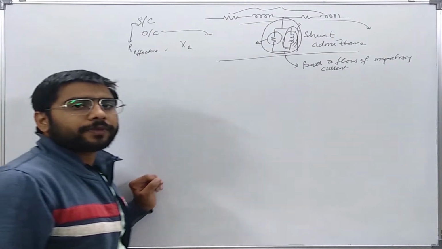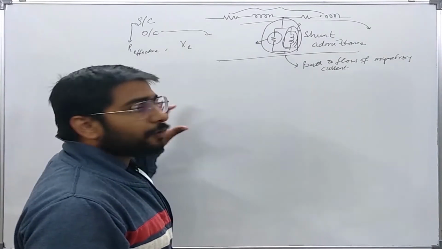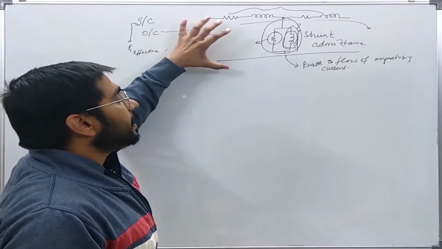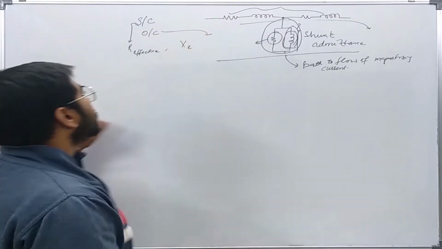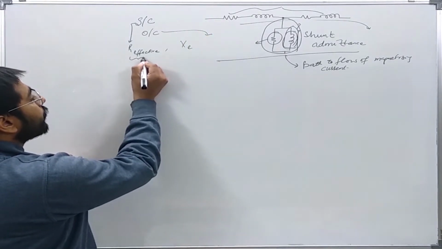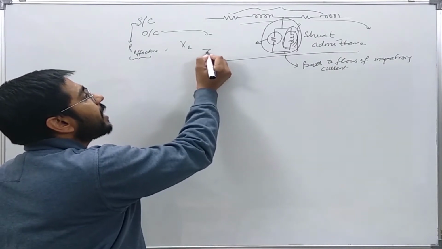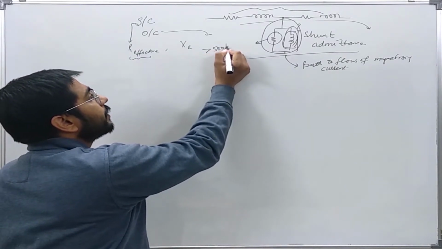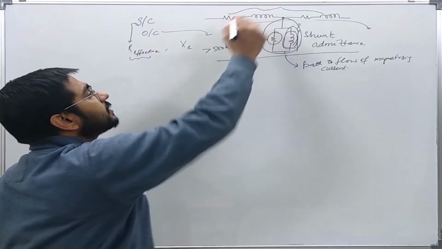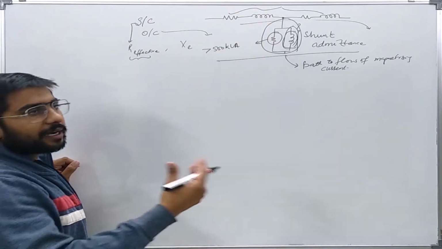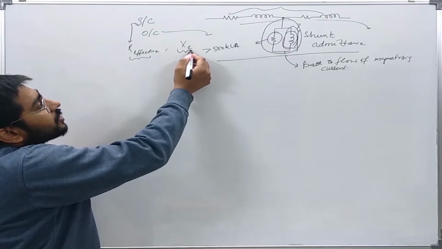Now we have already seen that in the power system, usually the R effective is neglected, especially for transformers above 500 kVA. This series impedance is approximately equal to the leakage reactance only.